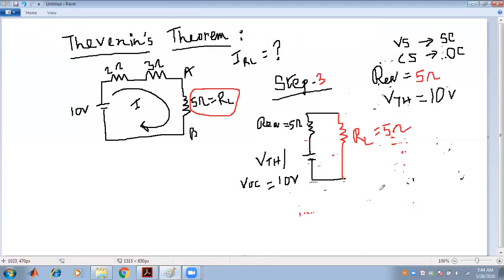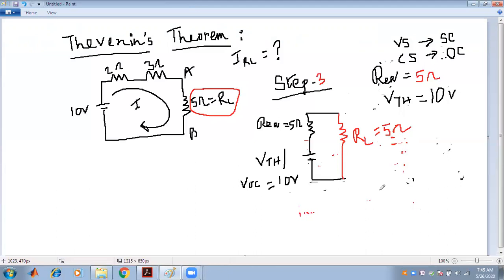So what is step 3? There is the VTH, the open circuit voltage, or the Thevenin voltage, and the R equivalent, the 5 ohm. Both will be connected in series.